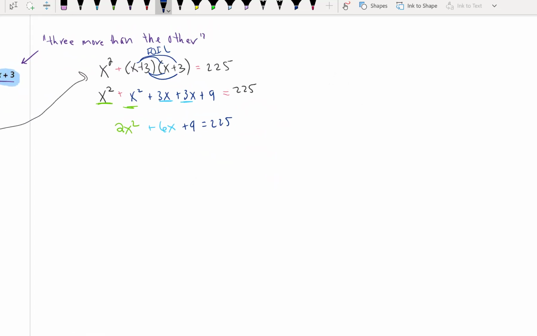Well, from here, what you really want to do is use the zero product principle. So you need that 0. In order to get that 0, you need to subtract 225. So you will get your 2x squared plus 6x, and you have a positive 9 minus 225, which is a negative 216, is now equal to your 0.